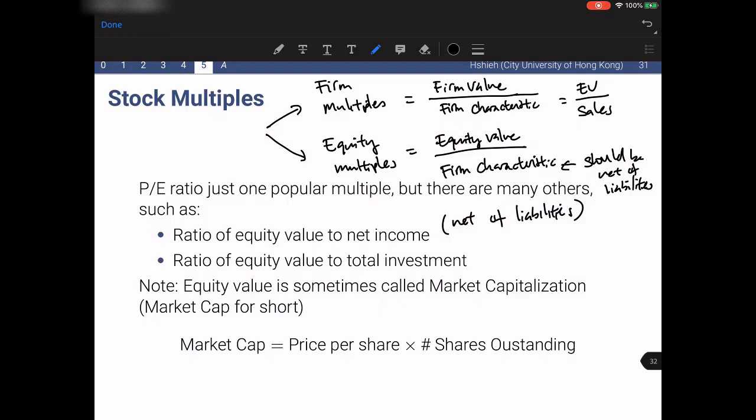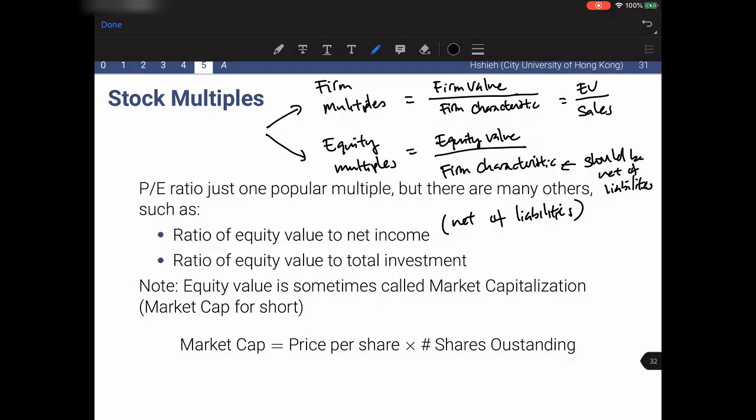Whereas with firm multiples, leverage is incorporated into firm value, and it's much more robust. It should also be less volatile compared to equity multiples. The market value of equity can fluctuate a lot, whereas firm value typically has some book value, which tends to be stable over time, and so it tends to be preferred.